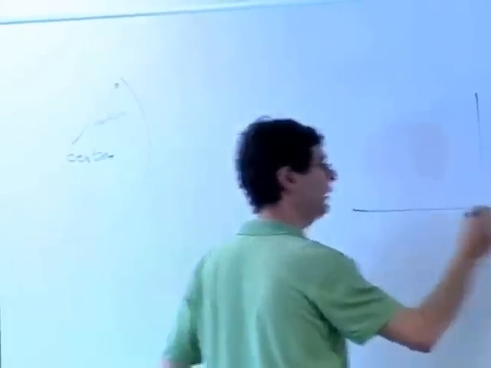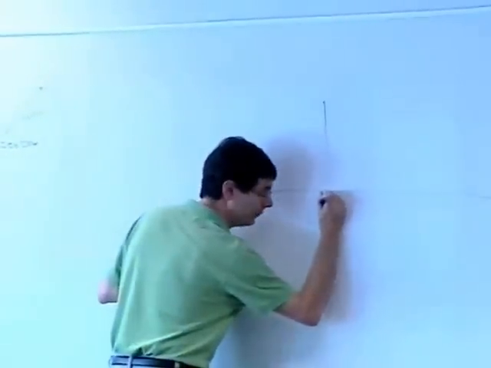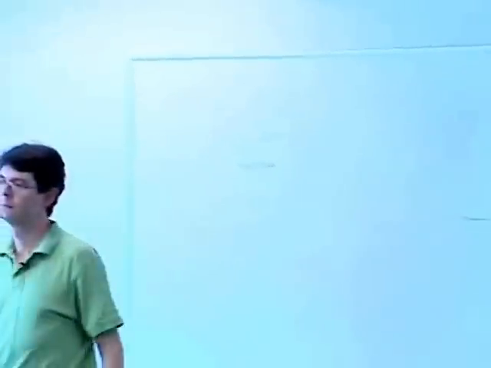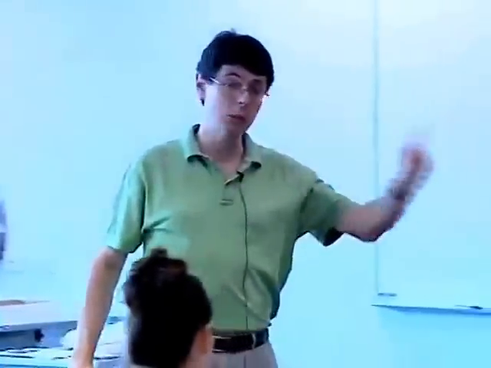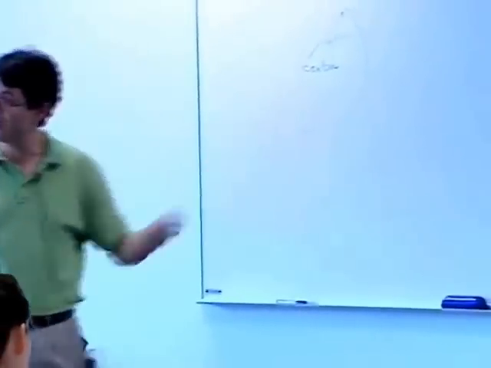First thing he did is he put the center right here. So that's the center. It's arbitrary. You could have put the center anywhere you want. But start with the easiest. Put the center right at the 0, 0.